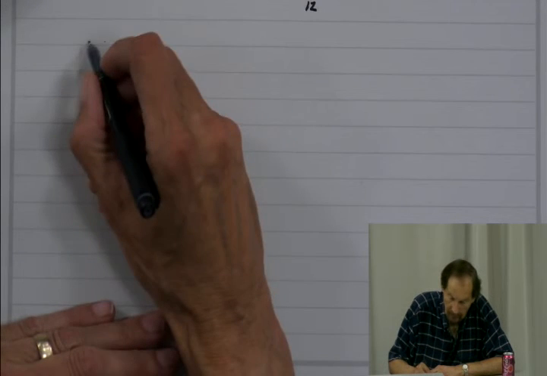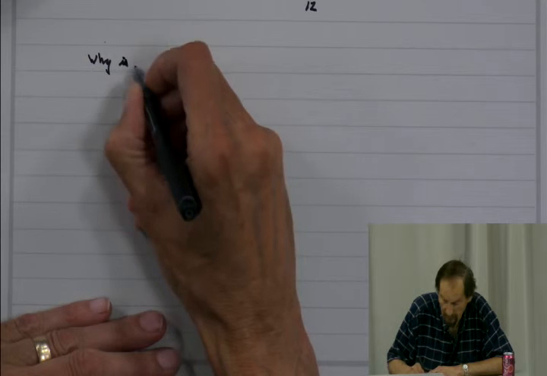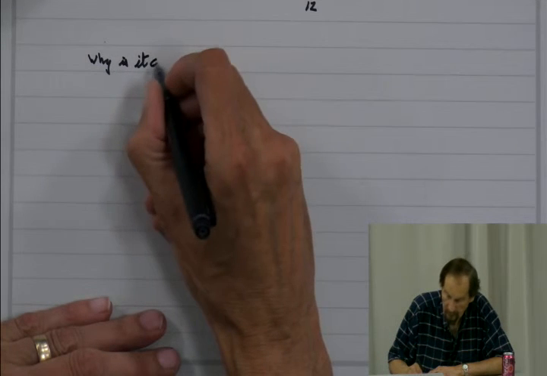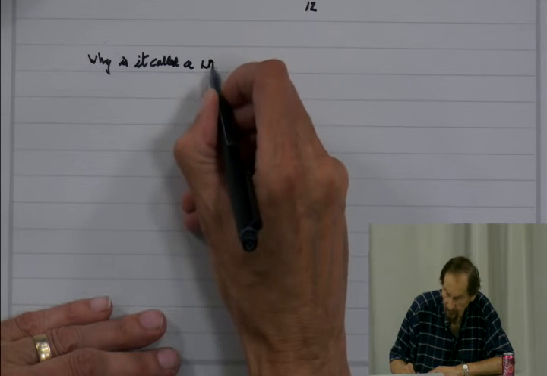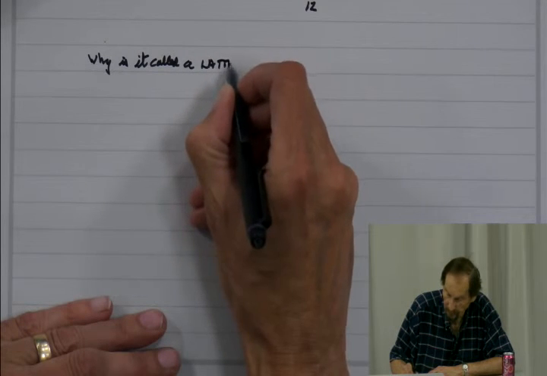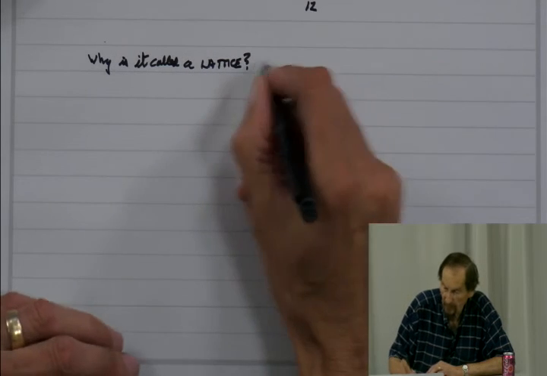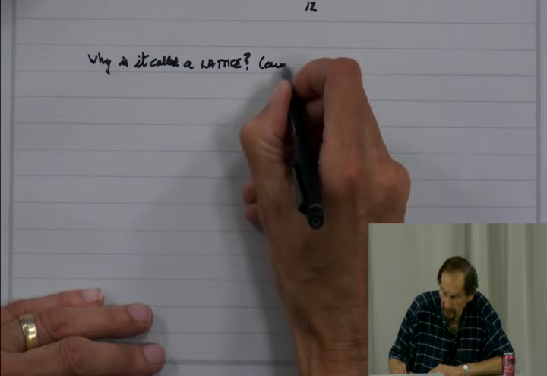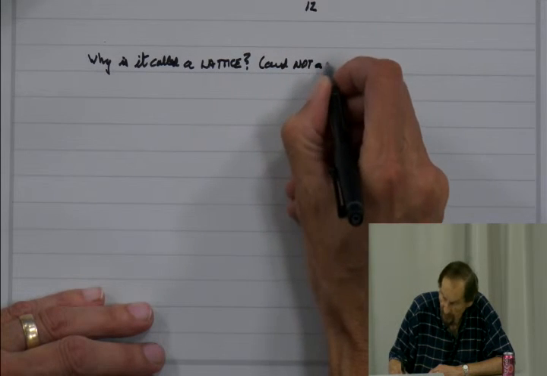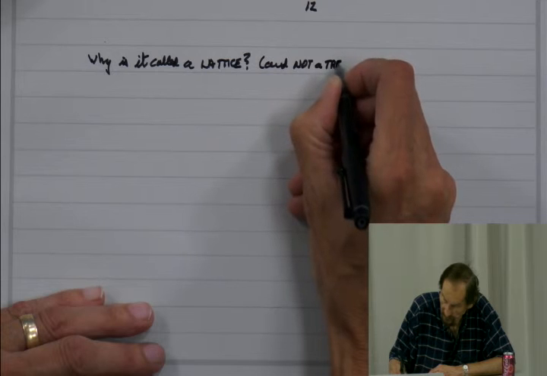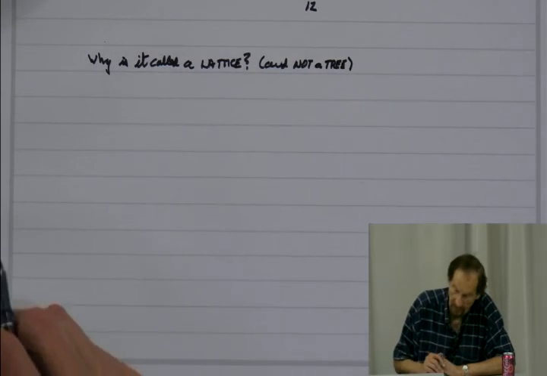Why is it called a lattice? Okay, this is a good question. We should say lattice and not a tree. A lot of times we have things that we call trees.